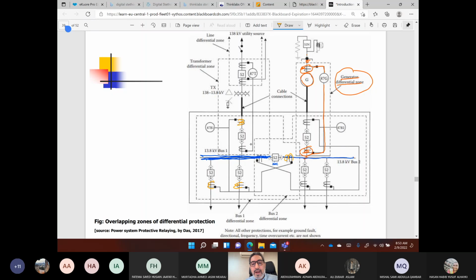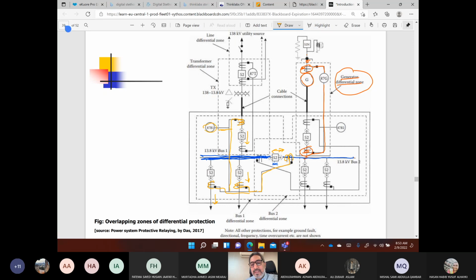I have a current entering, could be from here, leaving from here, and also can either enter or leave from here, depending on whether the current is coming from this bus or leaving to that bus. So this current could be in either direction. So in this case, if you link all of these together in parallel, okay, we'll come to this.